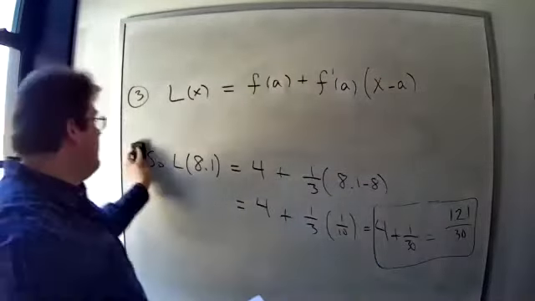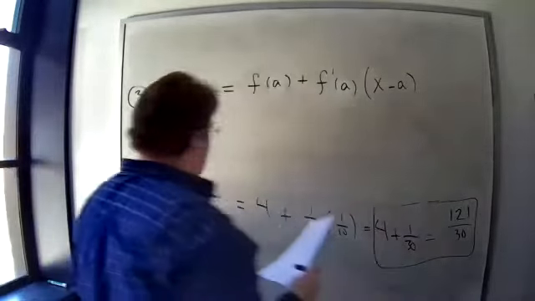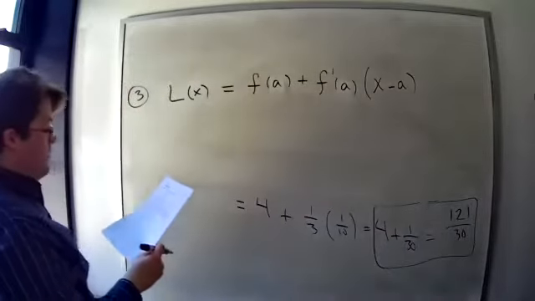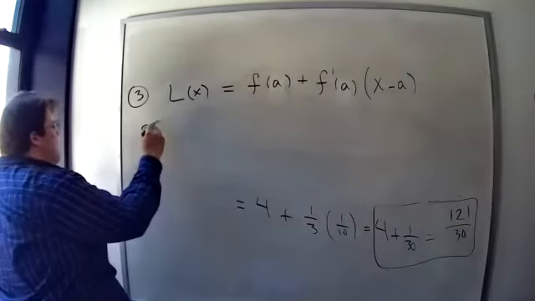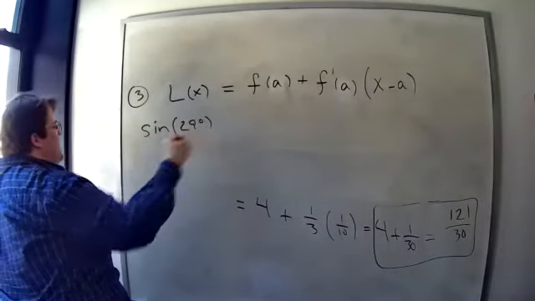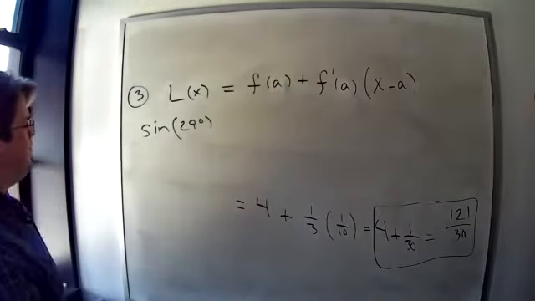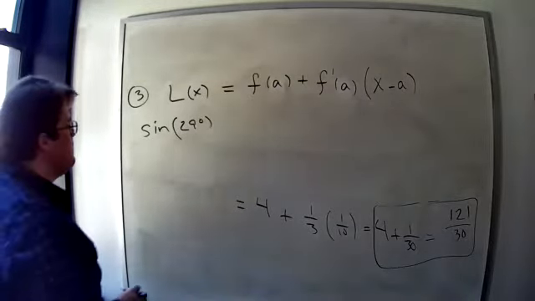So here, in number 3, we're going to approximate sine of 29 degrees. Well, sine of 29 degrees. We haven't seen degrees much.